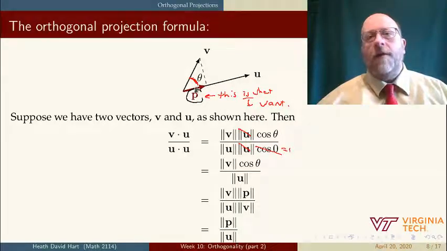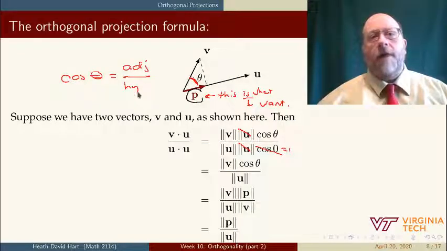But the cosine of theta is the adjacent side divided by the hypotenuse. The adjacent side is the magnitude of p, and the hypotenuse is the magnitude of v.